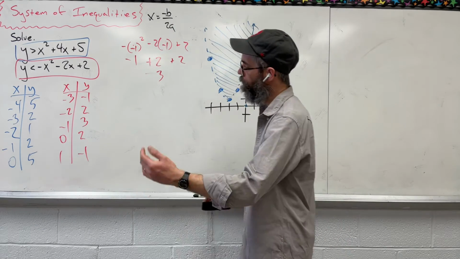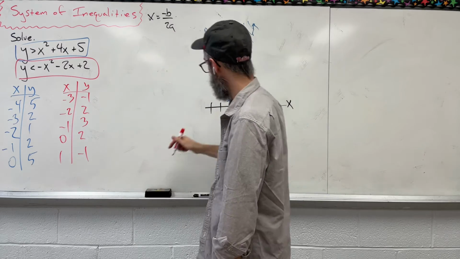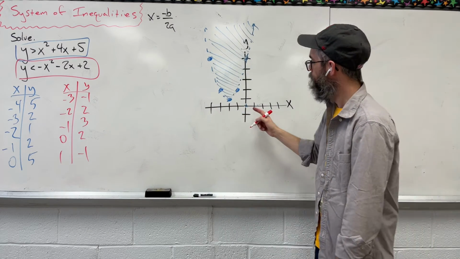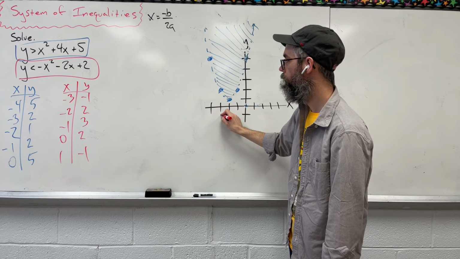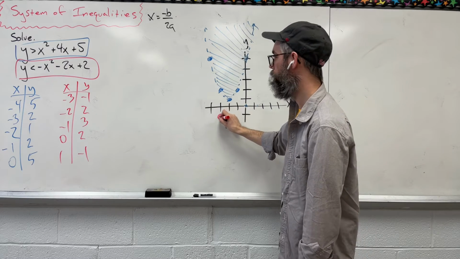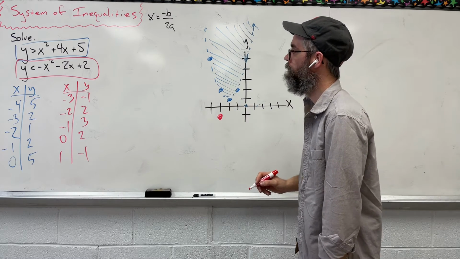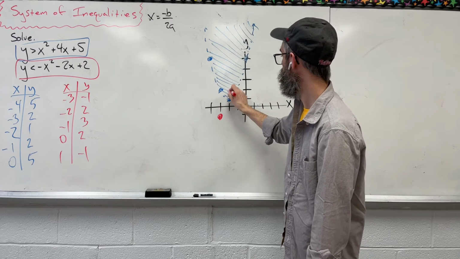Now we have all of our coordinates. Let's take all 5 of them and put them on our coordinate plane over here. So we go back 3, down 1. Back 2, up 2.